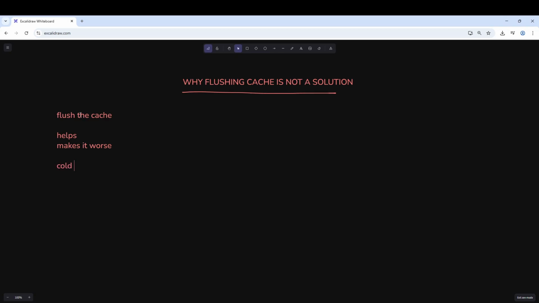Because cold caches overload databases. Wrong logic repopulates the cache. The poison returns. This is not a cache problem. This is a system contract problem.